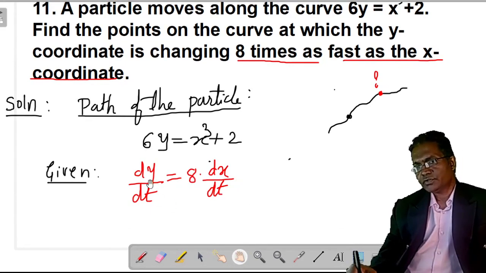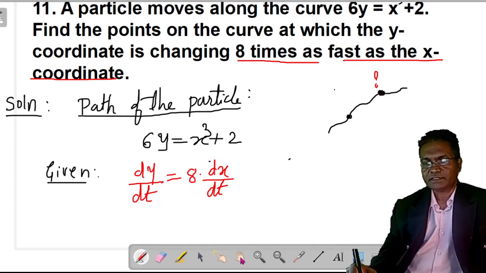Okay, so using this you have to find what are the coordinates or what are the points on the curve when this will happen. Okay, so at this point dy by dt is equal to 8 times dx by dt at this point. So you need to find what are the coordinates of this point for given this.